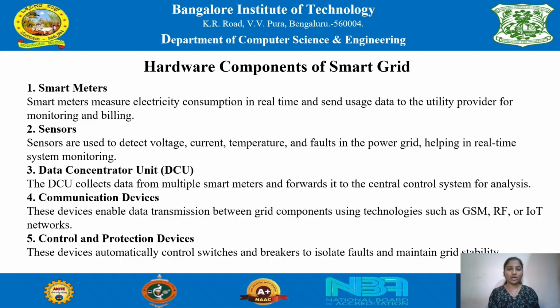These devices automatically control switches and circuit breakers. When a fault occurs, they isolate the affected area and maintain overall grid stability and safety. All these hardware components work together to make the smart grid reliable and efficient.